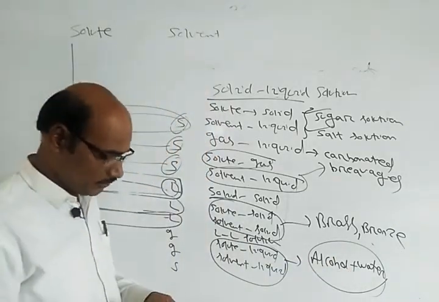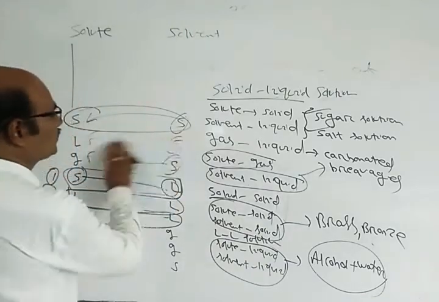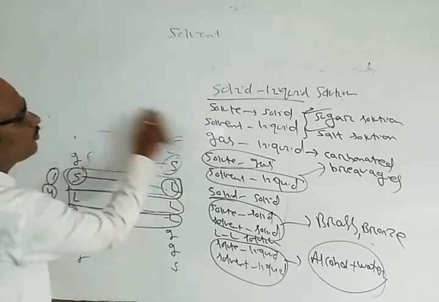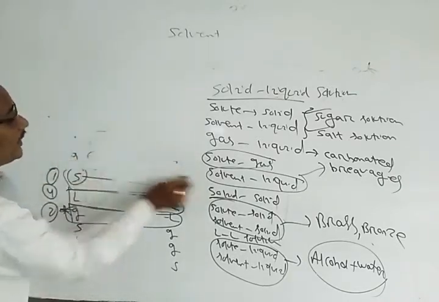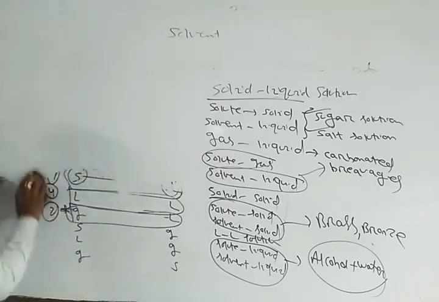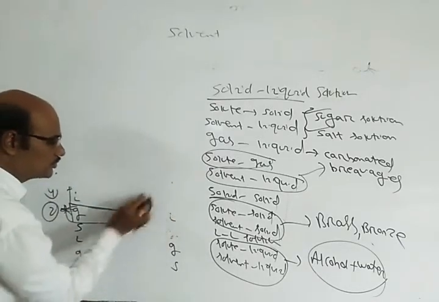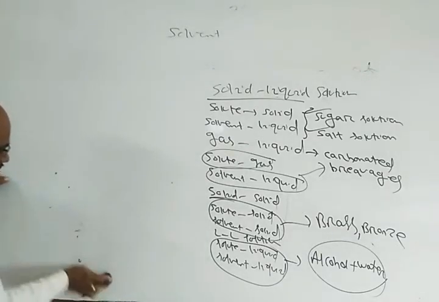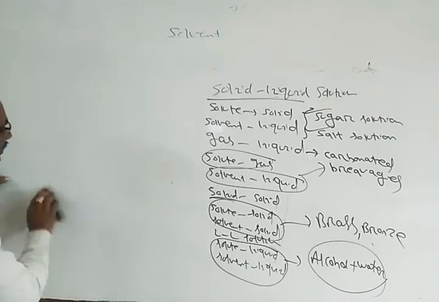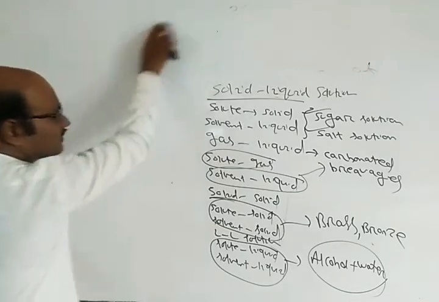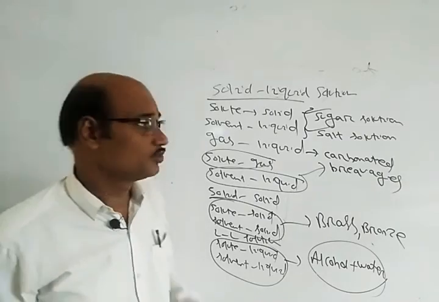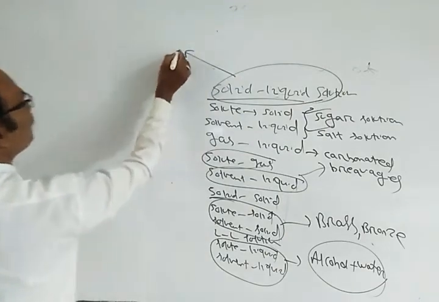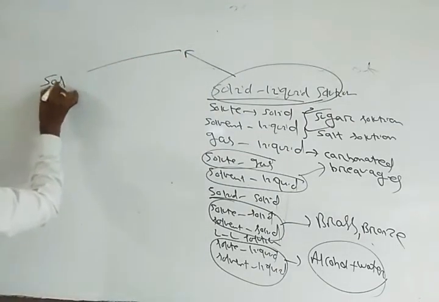Okay. Now we'll discuss the solutions of solid and liquid. Whenever a particular amount of solute is dissolved in a given amount of solvent, liquid, we get the solution, and that solution we can divide into three categories depending upon the amount of solute present.